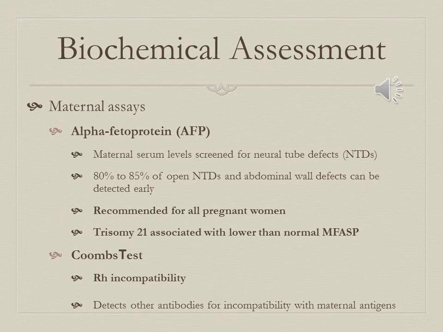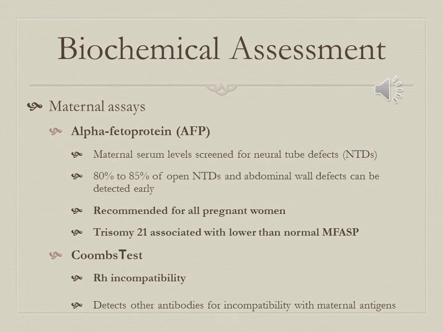Alpha-fetoprotein, or AFP, is produced by the fetal liver and is detectable in maternal serum starting as early as 14 weeks through about 34 weeks gestation. The maternal AFP is used as a screening tool to assess the fetus for neural tube defects.